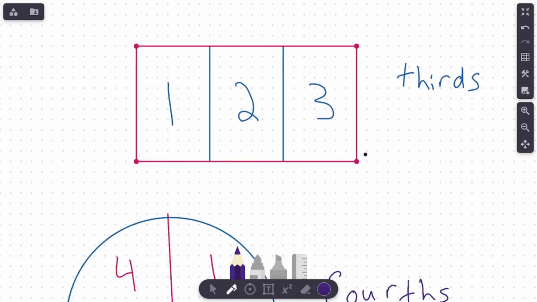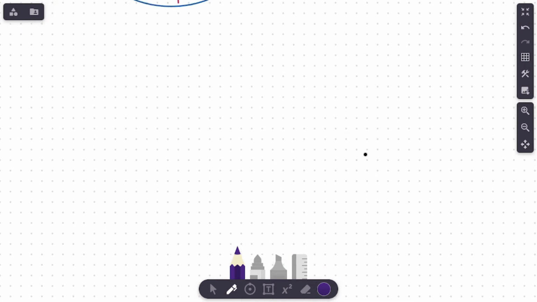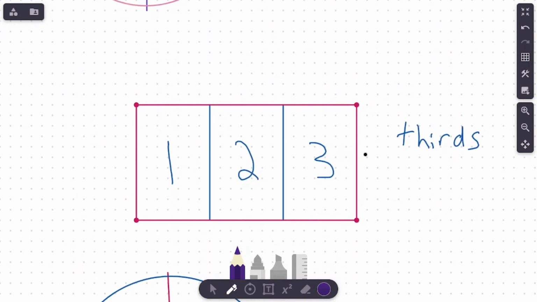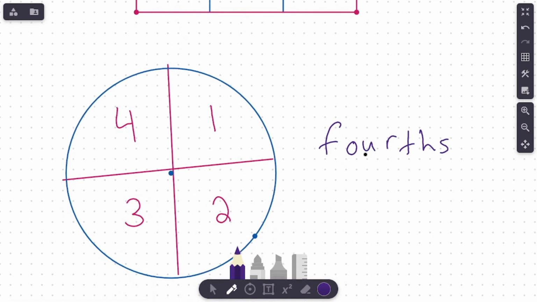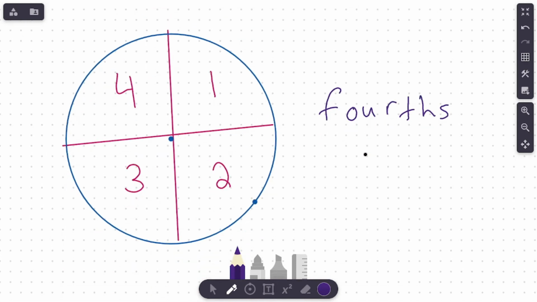Then for thirds, we broke it into 3 equal sections. We divided it into 3 equal sections. And with fourths, we divided it into 4 equal sections.